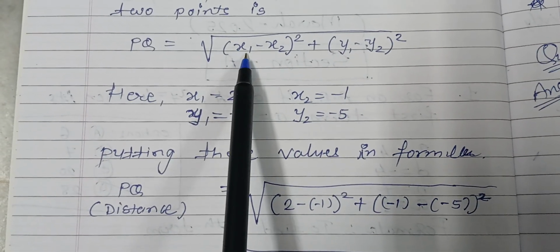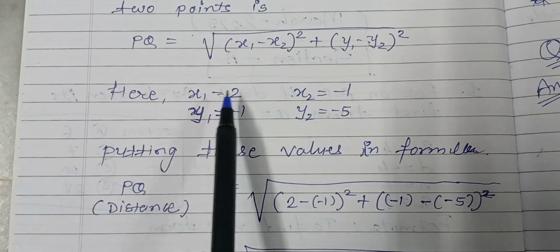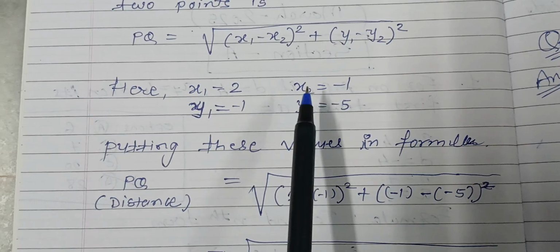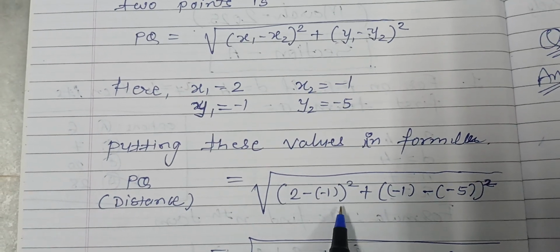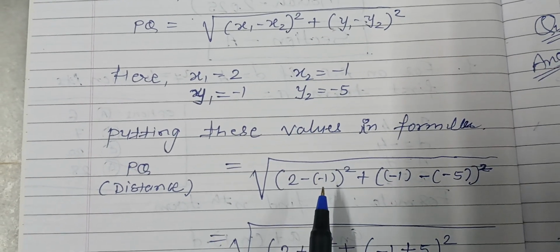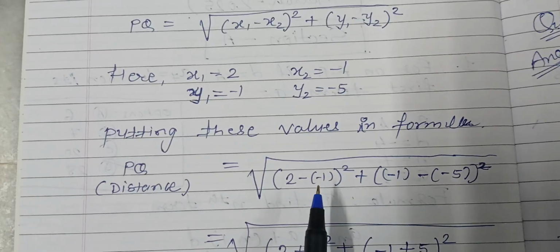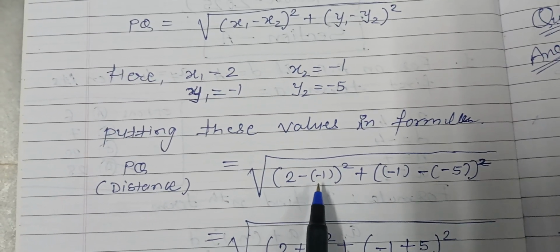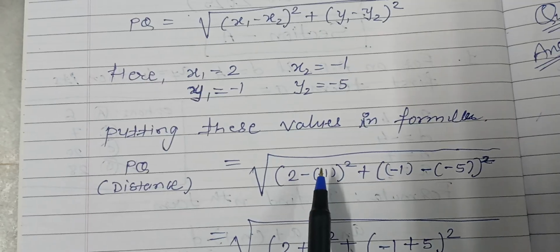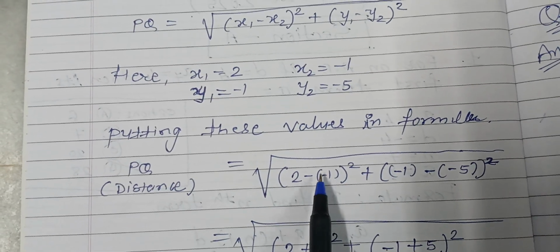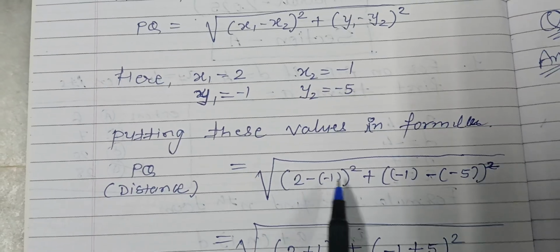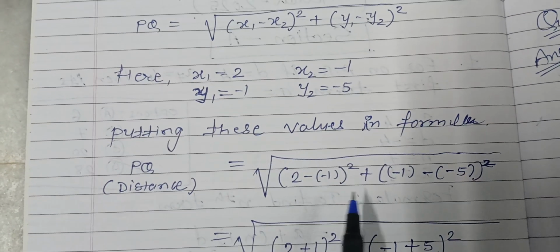So here x1 minus x2 is 2 minus x2's value, which is minus 1. We keep the negative sign of x2 as it is, so we keep the bracket here with minus 1, and the whole number has a square outside.